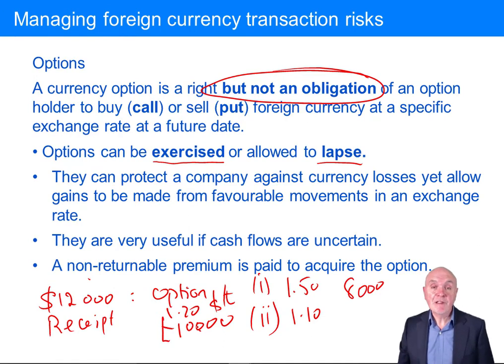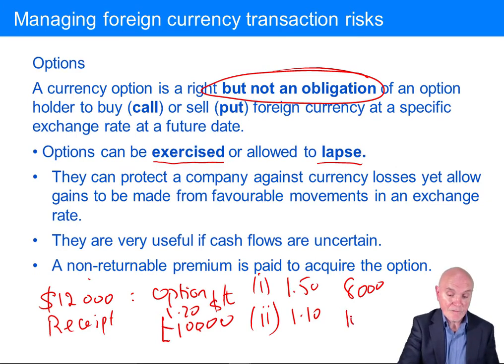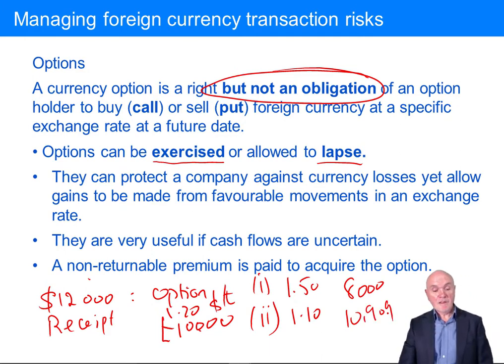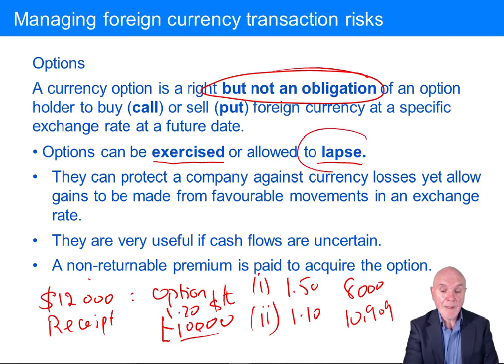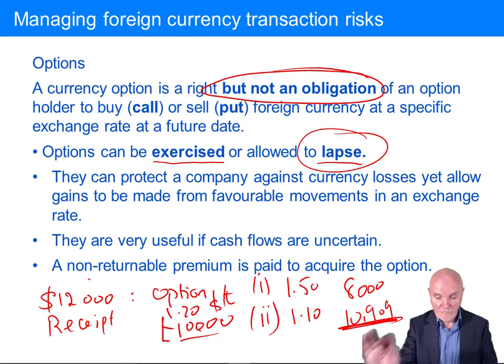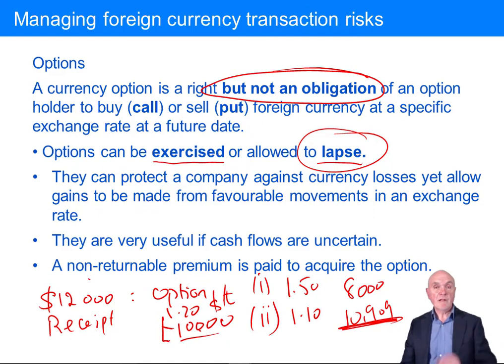However, look what happens if the exchange rate had gone down from 120 to 110. So 12,000 divided by 1.1 is going to give you 10,909. So your choice here is: exercise the option and get 10,000, or let the option lapse, just ignore it, and go to the market on the day, 3 months hence, with your 12,000, and you get an extra £909.